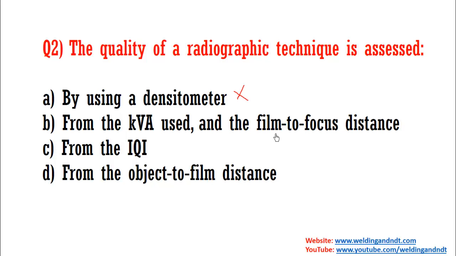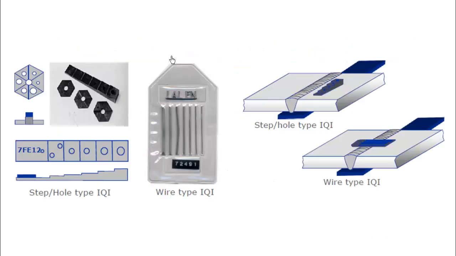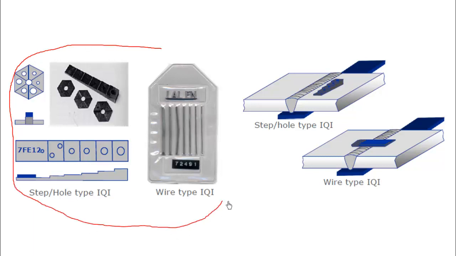The second option is also not correct. And the fourth option, that is object to film distance, is also not used to check the quality of the radiography technique. The quality of the radiography technique is checked by the IQI, that is image quality indicator. Here you will see photographs of image quality indicators. Basically we have two types of image quality indicator: one is wire type and the second one is step or hole type.